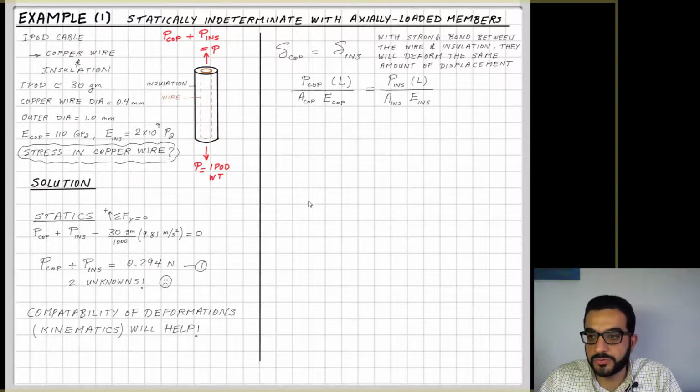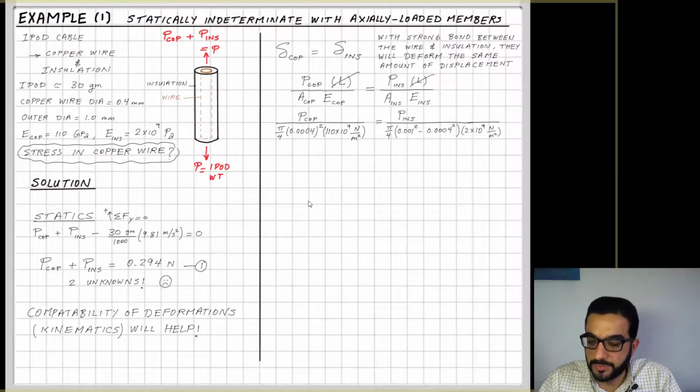Delta copper is equal to P copper times L divided by A copper times E copper, and similar corresponding values on the other side. The length of the cable is the same, so L cancels. All the values are given for the area, and E is the material property for each material. So I can now calculate the ratio of P copper to P insulation.